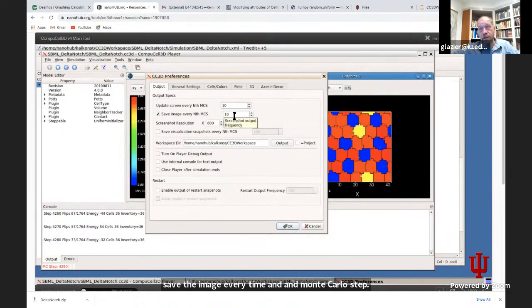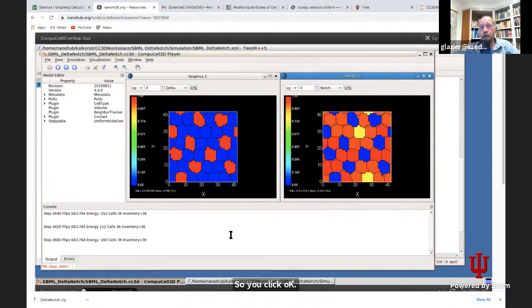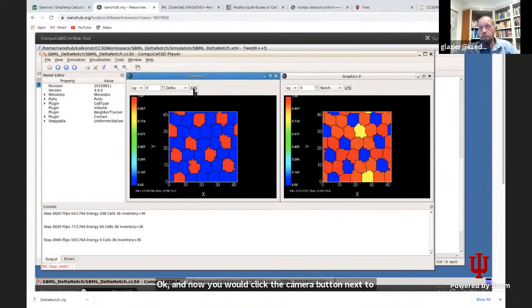So you've got that box ticked, you click OK. Okay, good. And now you would click the camera button next to the delta and the notch. And you could do that for the other one too.